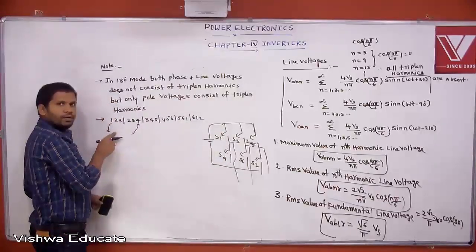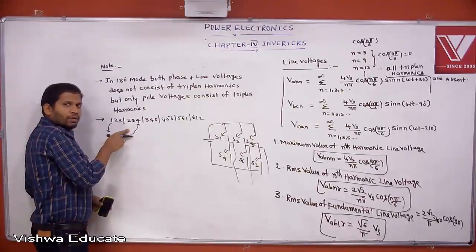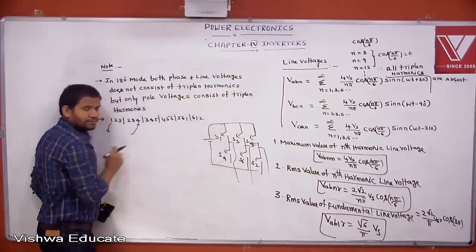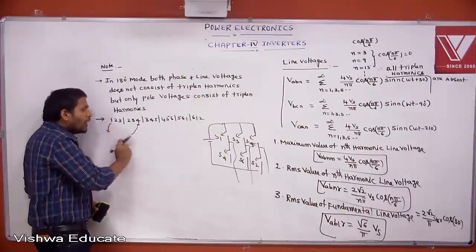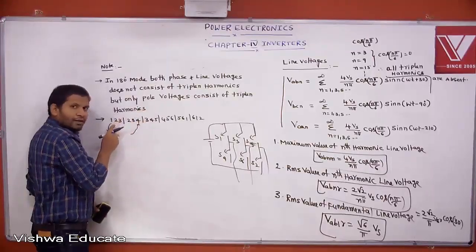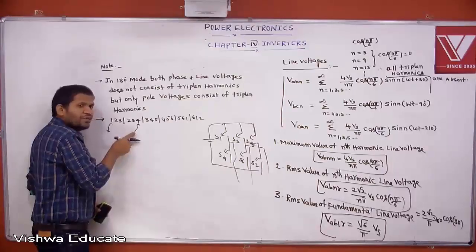That's why in the case of 180-degree mode, with 2 switches in one leg, if 1 is turned off, 4 is going to be on. That's why in 180-degree mode, there is no phase difference.